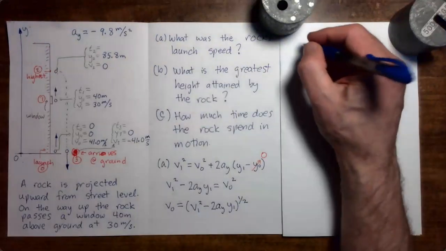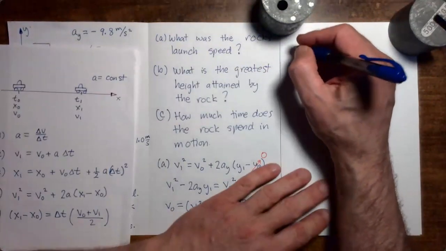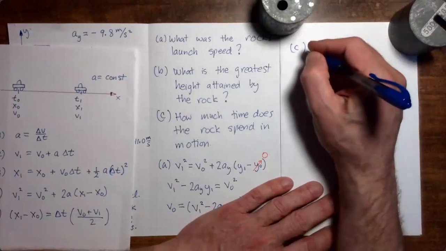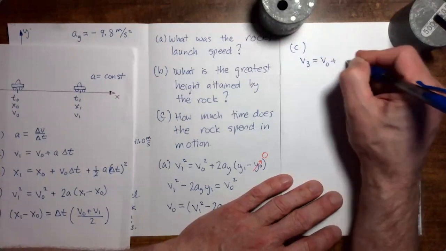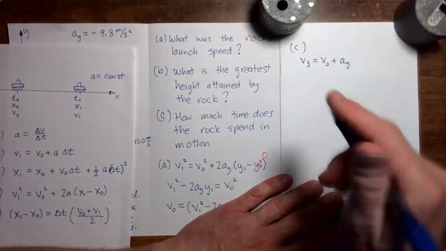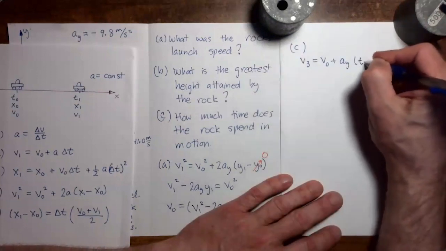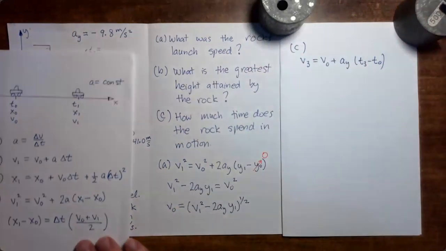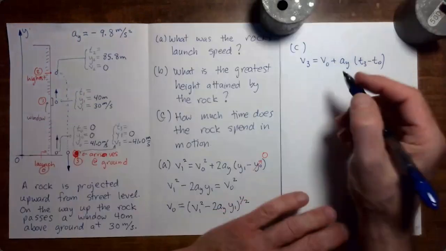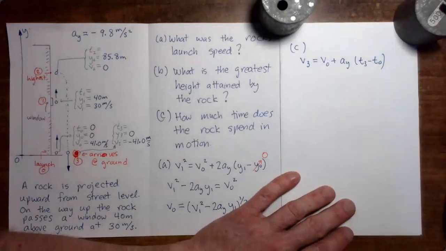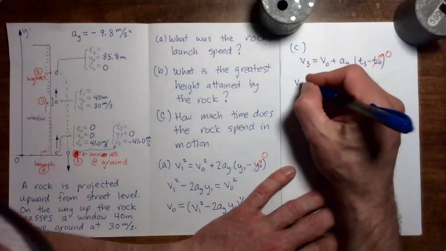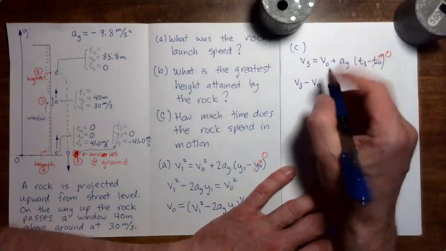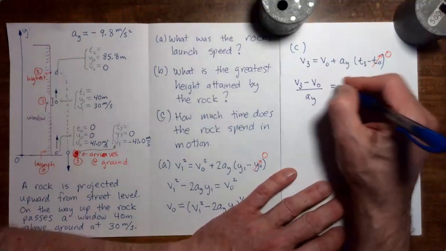Okay, so I'm going to use equation 2, but I'm connecting moment 0 to moment 3, so I have v3 equals v0 plus ay delta t, which, if you're going from moment 0 to moment 3, would be t3 minus t0. t0 is 0, and we are solving for t3. So just take that v0, move it to the left where it picks up a minus sign, then divide by ay. All of that equals t3.